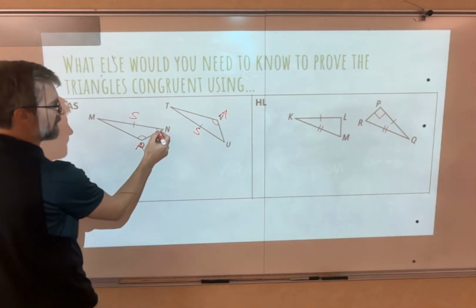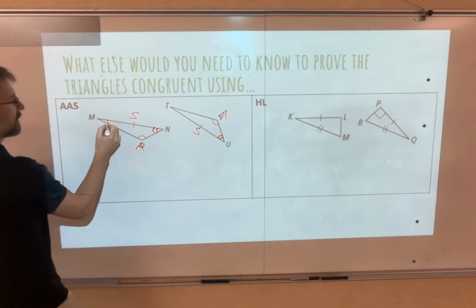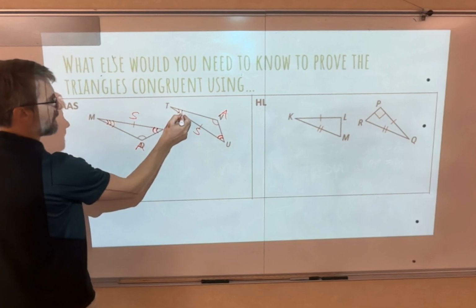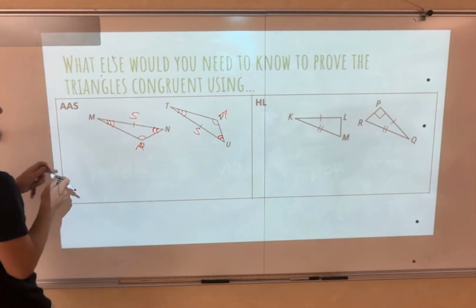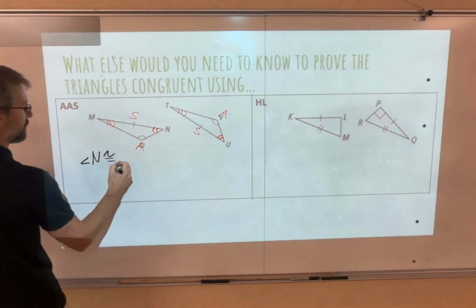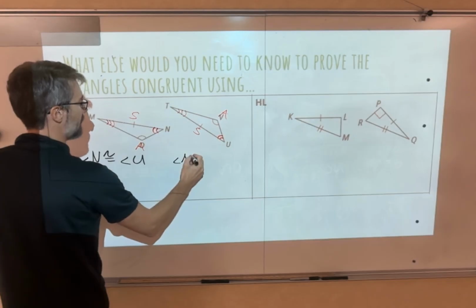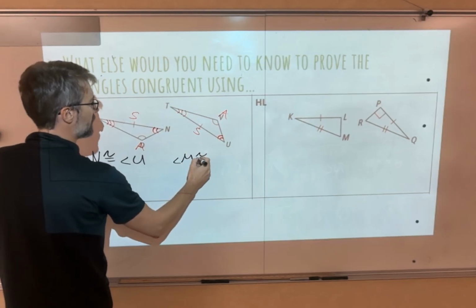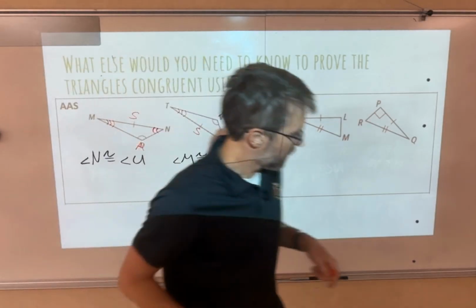So I either need to know that N matches up with U, or that M matches up with T, right? So we've got two options again. I could either say that angle N is congruent with angle U, or I could say that angle M is congruent with angle T. All right, and then our last ones.